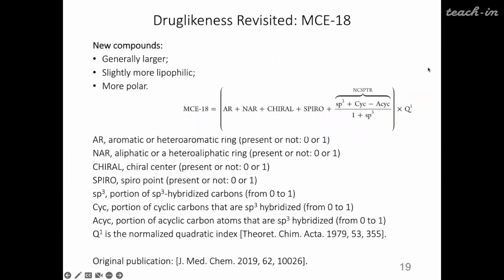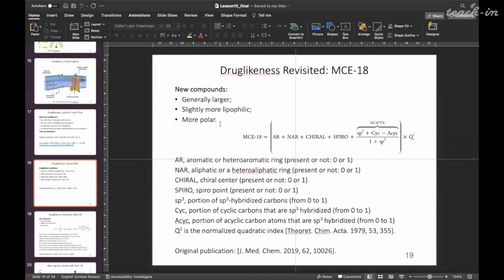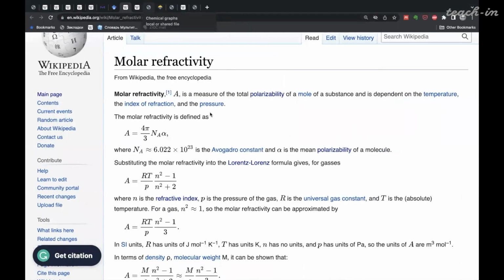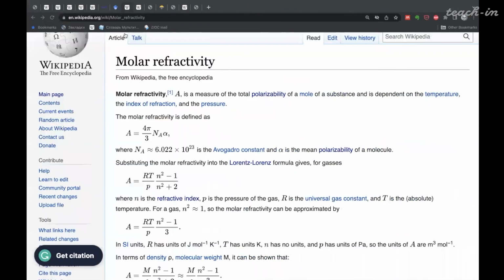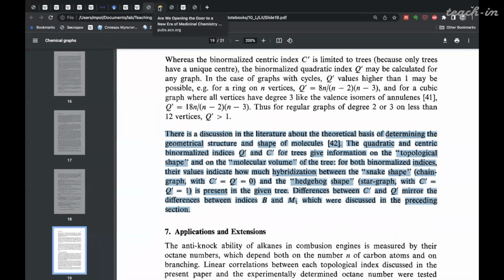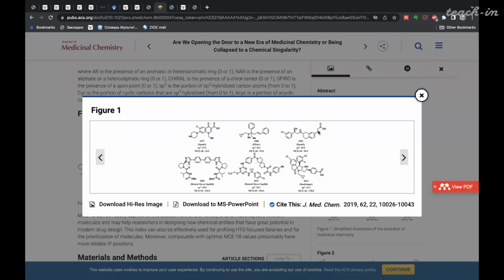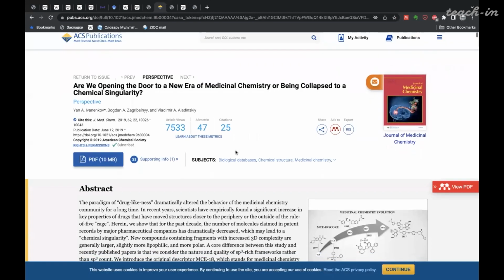And that's why researchers propose new metrics of drug likeness, as for example MCE18. So this MCE18 metric deals with several properties. So you can refer to the original publication, and it's this one.